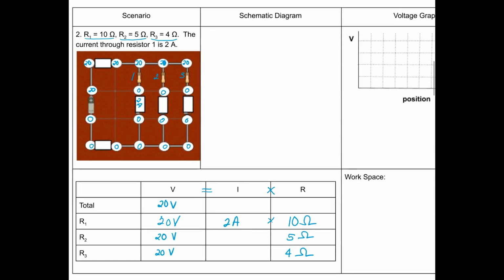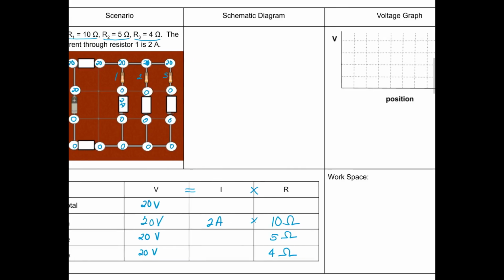Next, what we can fill out are the currents for each of these sections. So for R2, 20V is equal to some number, I, times 5 ohms. Then we can divide by 5, and we get that I is going to be 4 amps. So this is 4 amps.